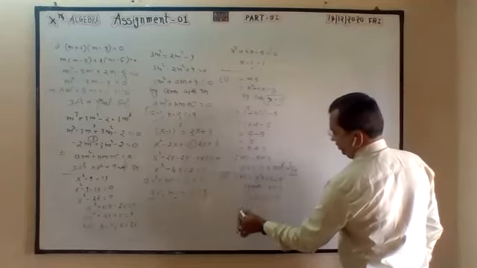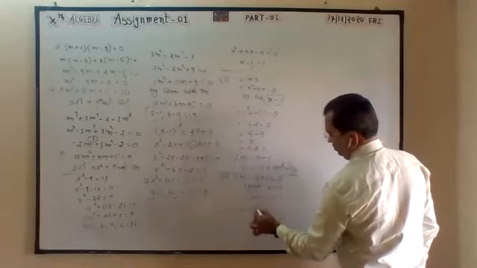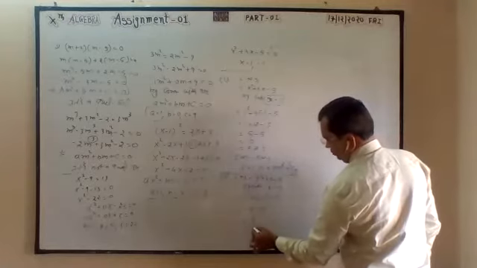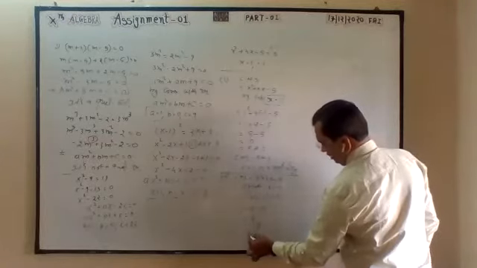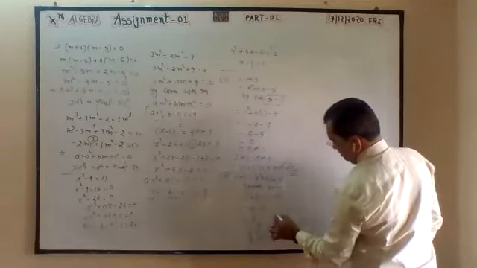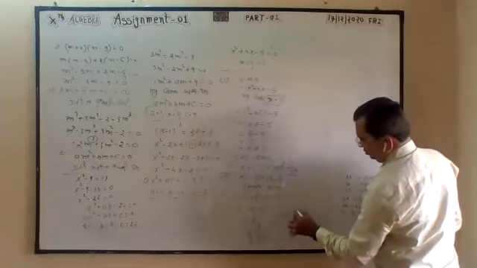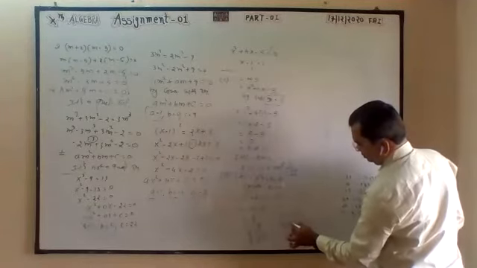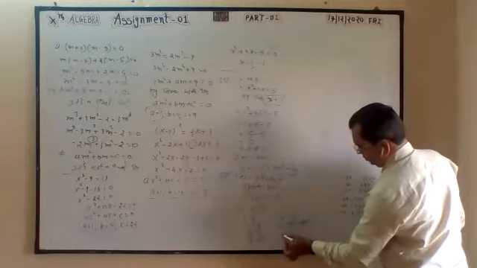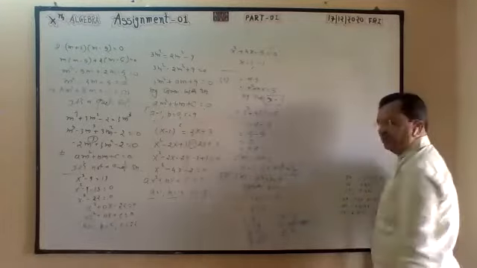So 1 minus 4 minus 5. 1 minus 9 is equal to minus 8, which is not equal to 0, not equal to the right hand side. Therefore, x is equal to minus 1 is not a solution, not a root or solution of the given equation.